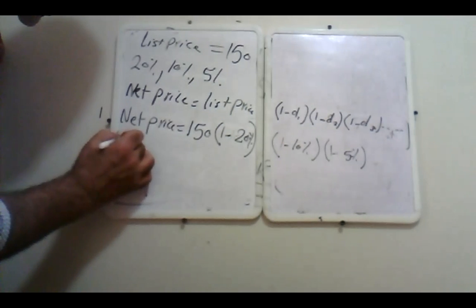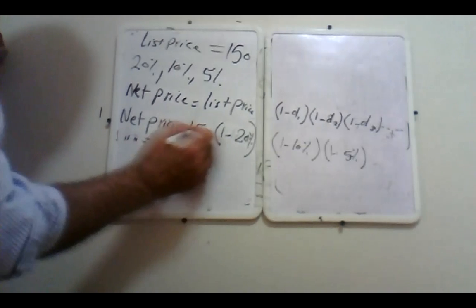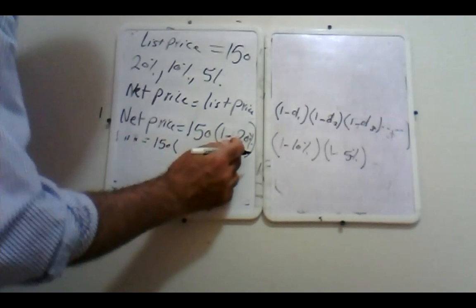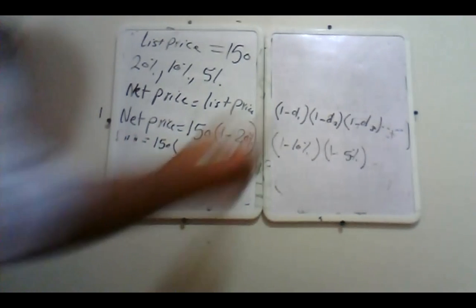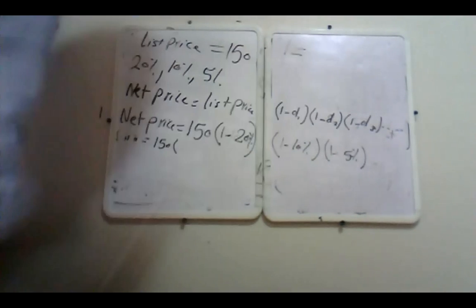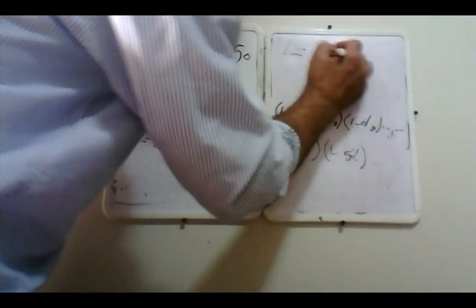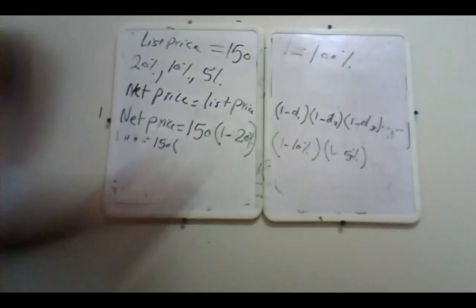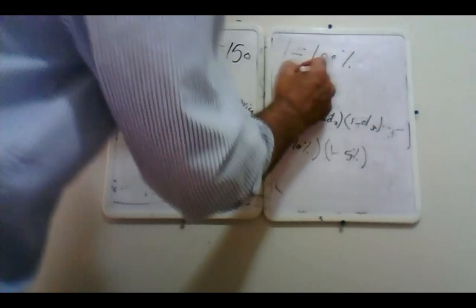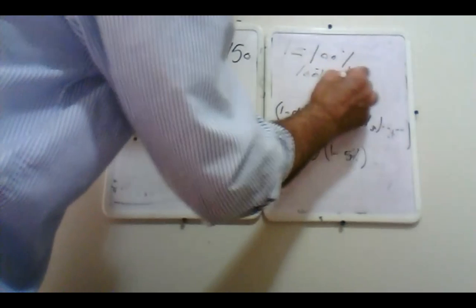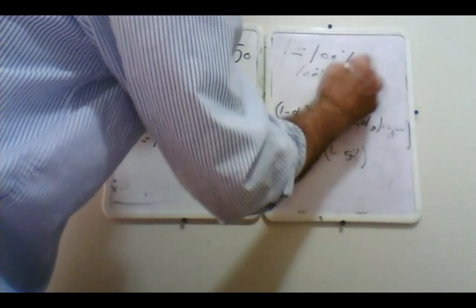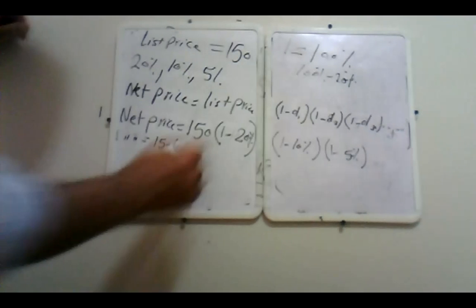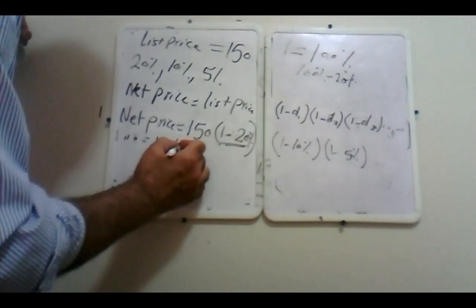Net price will equal $150 times 1 minus 20%. 1 is 100%, so 100% minus 20% will be 80%.